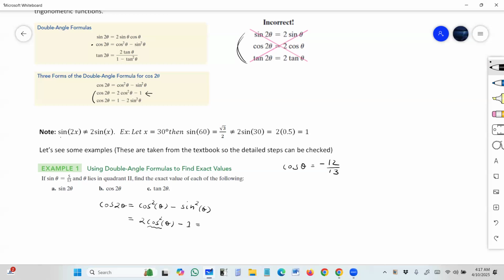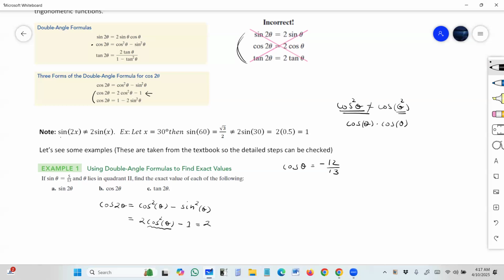Now, remember what I said a few minutes ago, that cosine squared theta is not the same as cosine of theta squared. This is angle squared. Cosine squared theta is cosine of theta times cosine of theta. Okay?